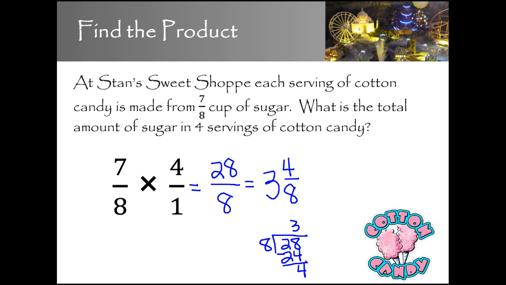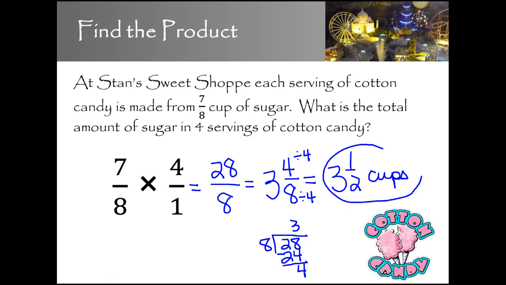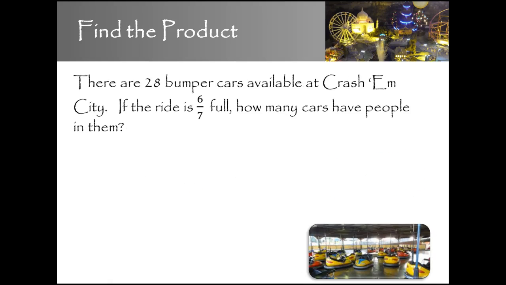We always want to write our answer in simplest form, so we're not quite there yet. We can simplify 4/8 by dividing both the numerator and the denominator by 4. And when we do that, we end up with our final answer of 3 and 1/2 cups of sugar.